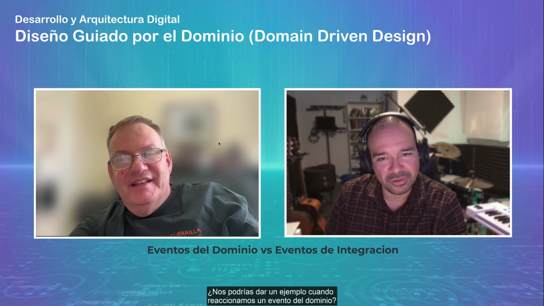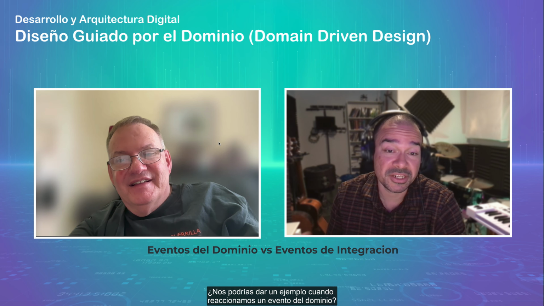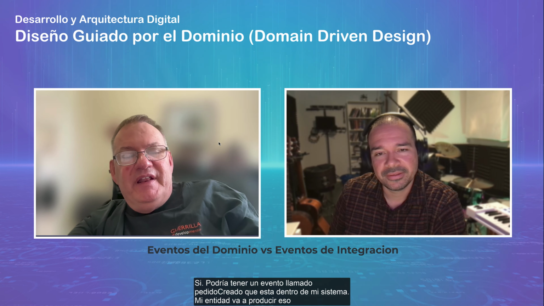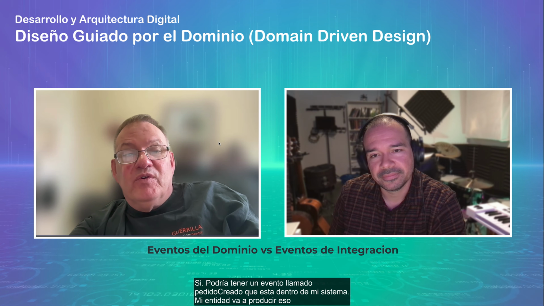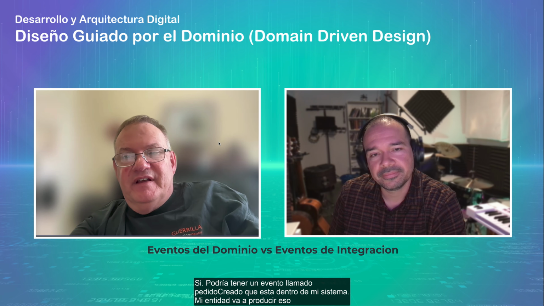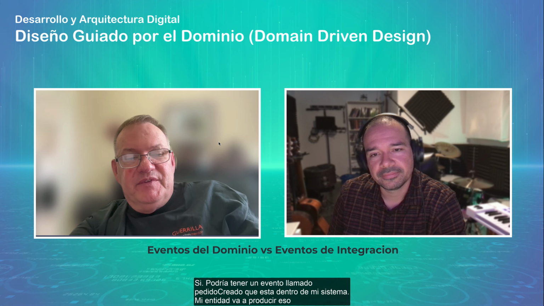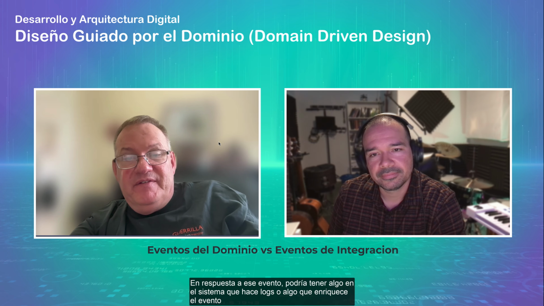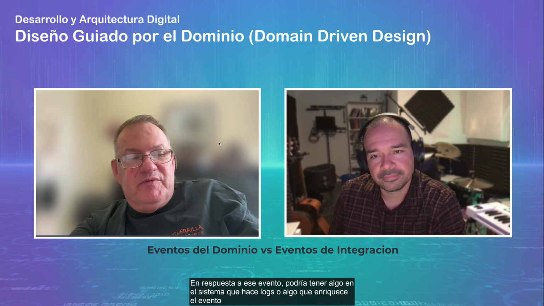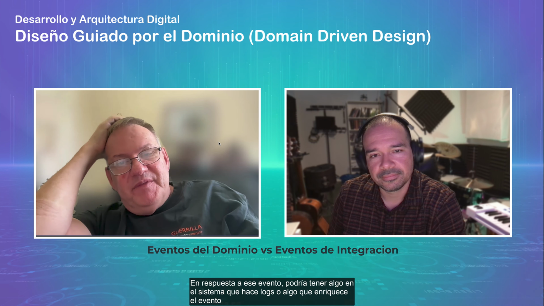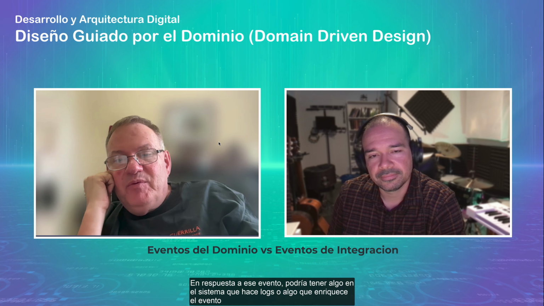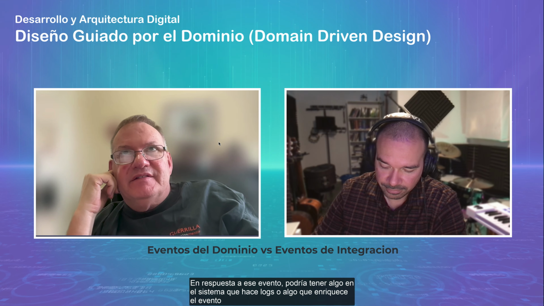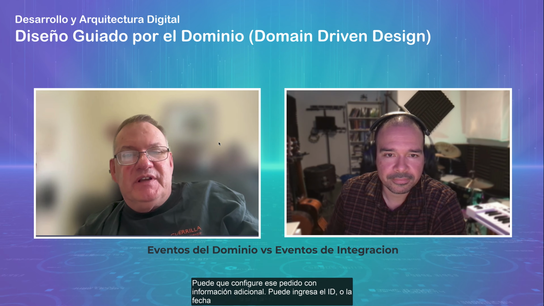Can you give us an example of reacting to a domain event and reacting to an integration event? Yeah, exactly. So I might have, for example, an order created event that is within my system, and my entity is going to produce that event, and in response to that event, I might have something in my system that does some logging, for example, or that enriches that order with additional information.